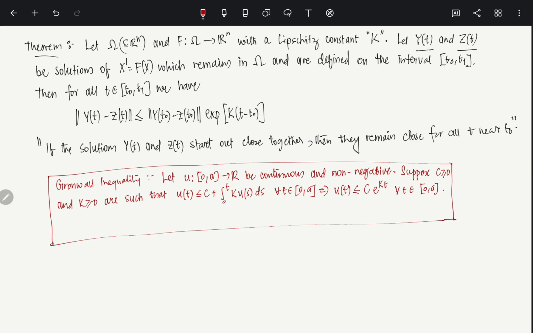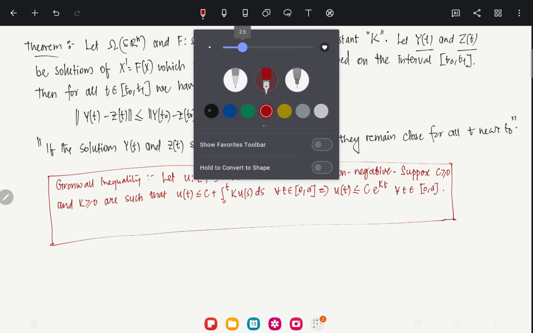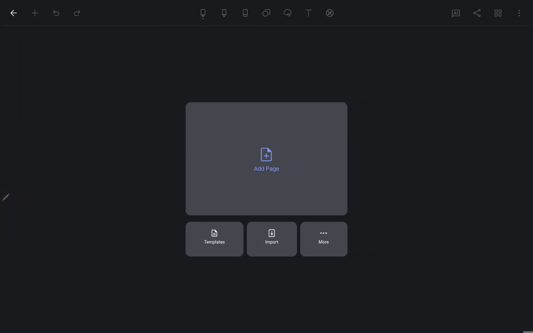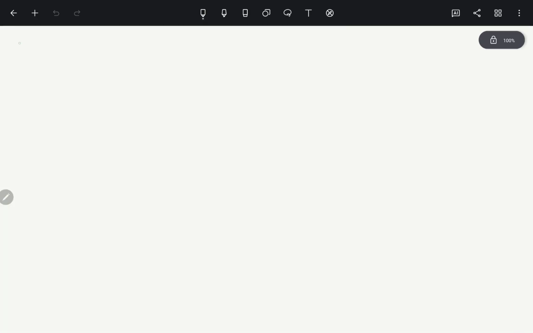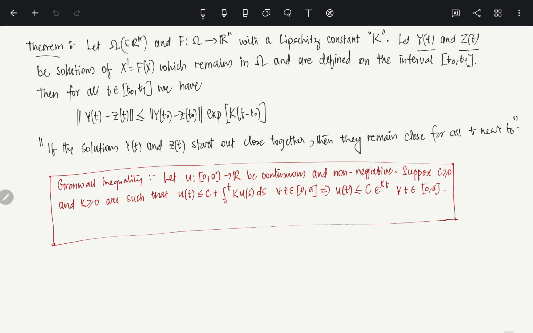Now let's look at the proof of the continuous dependence theorem. It's very simple actually, and please remember the trick, because we are going to use it in a lot of places. Here I have to show that this quantity is less than or equal to this quantity evaluated at the point t naught, times some exponential.